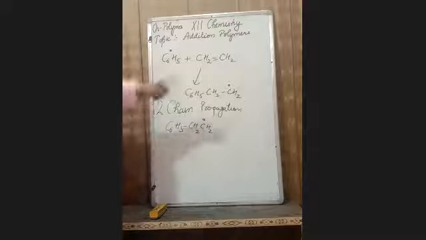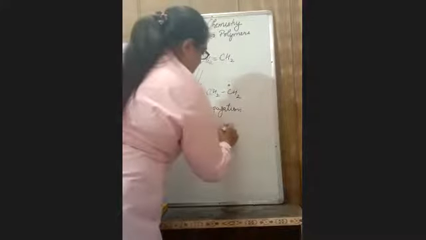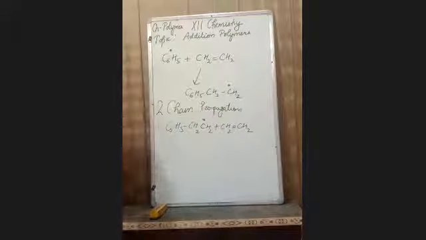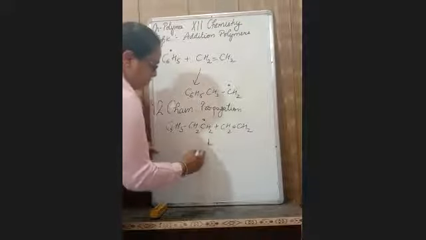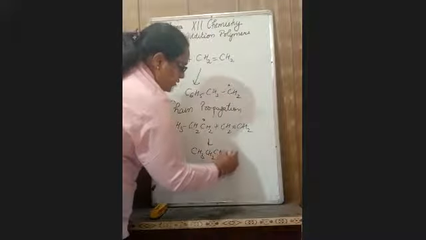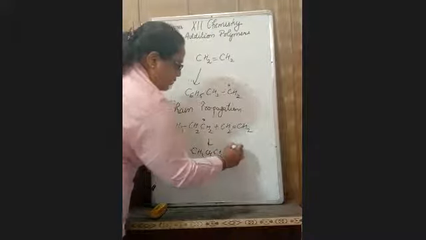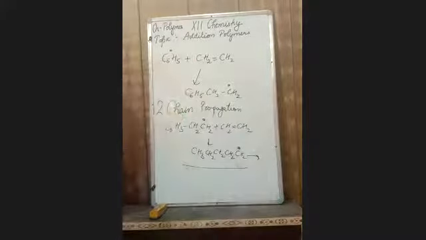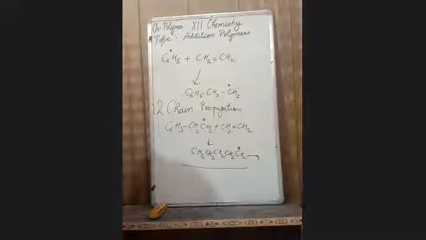This will attack another ethene molecule and it will form CH3, CH2, CH2, CH2, CH2. This radical will again attack an ethene molecule. This step will propagate and continue.